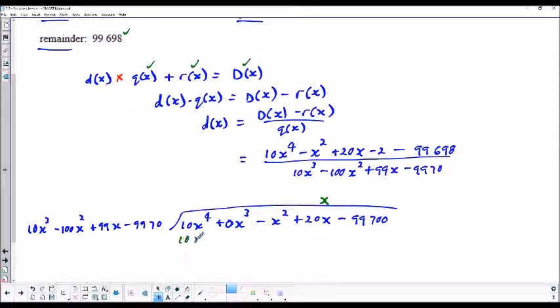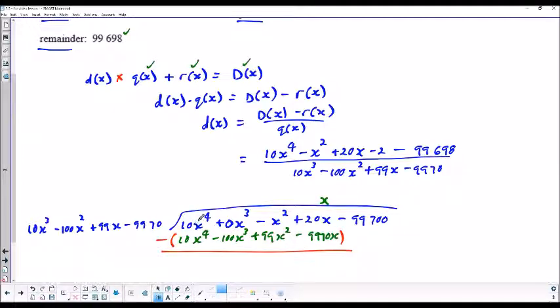So I have 10x to the power 4 minus 100x cubed plus 99x squared minus 9,970x. Put brackets around it and subtract. And I subtract here. So 10x to the power 4 minus 10x to the power 4, which is 0, which is what we want. 0x cubed minus 100x cubed, or sorry, minus negative, gives me positive 100x cubed.